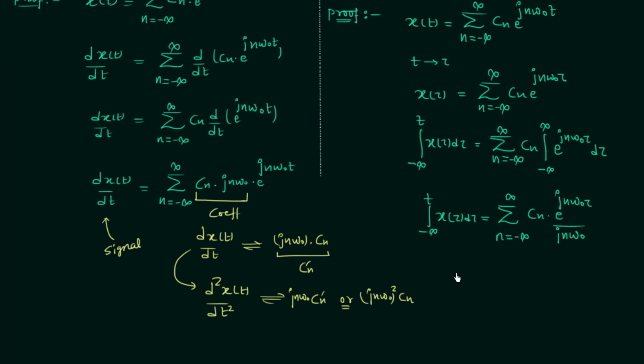After comparison, it is clear that integration of signal x(tau) is this signal, and here Cn divided by jn omega naught is the coefficient. So this coefficient is the coefficient of this signal, and therefore we can write, if we perform the integration of the given signal, the coefficient which was initially equal to Cn will get divided by jn omega naught.